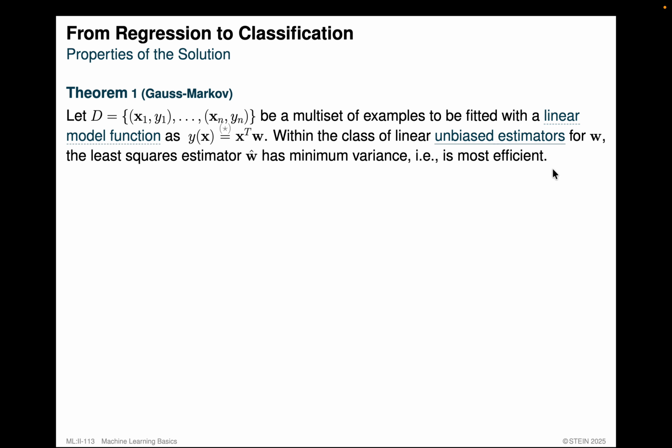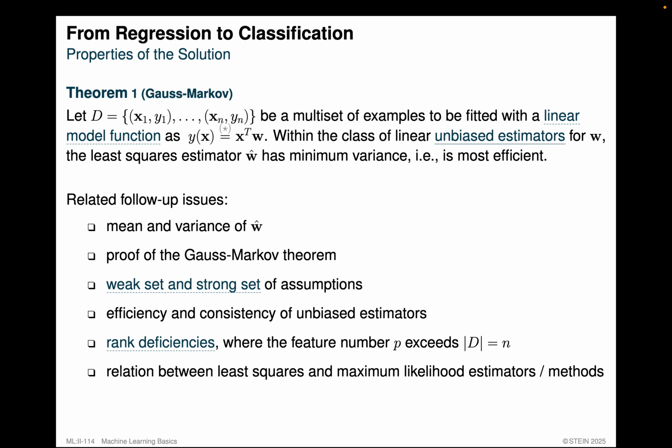So within the class of all these functions, the least squares estimator has a minimum variance. That means if you choose a higher exponent, you will have a higher variance of the possible minimum. And it is therefore the most efficient one to compute.